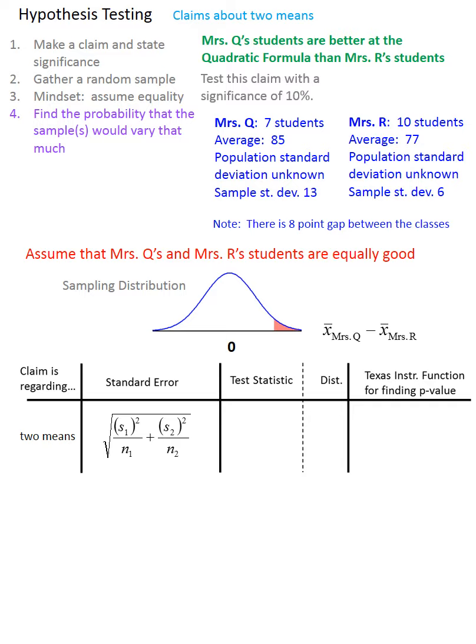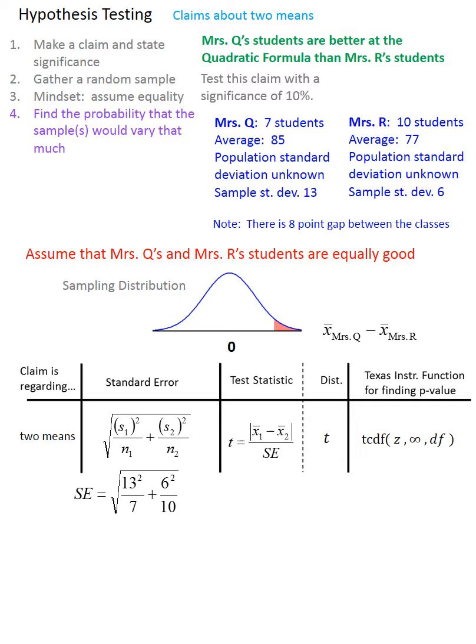As you may know from previous videos or previous material in a statistics class, when we replace the population standard deviations with the sample standard deviations, we use a t-distribution rather than the normal or z-distribution in calculating probabilities. So we're going to use tcdf to calculate the probability of this 8-point gap.